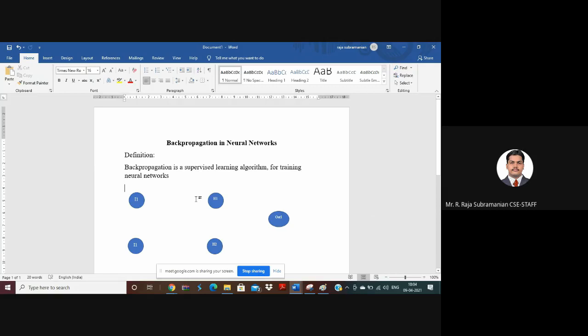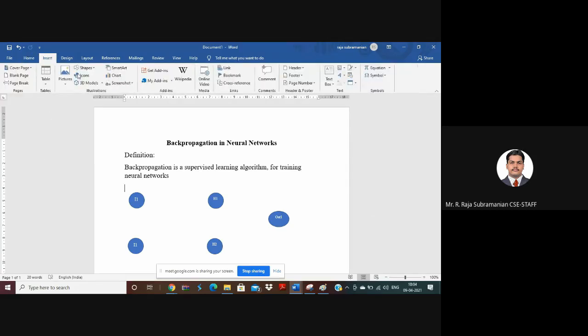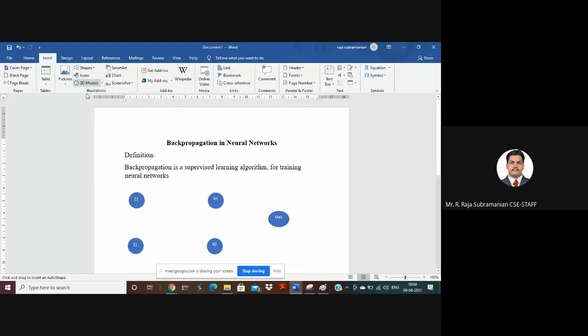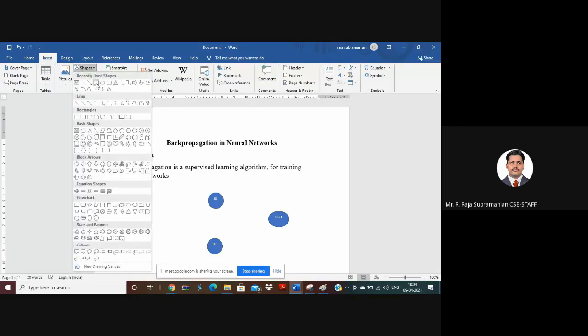Now there can be any number of interconnections here. Those interconnections are actually trained by the model only. It's not the developer who trains it. It is trained by the model directly. Starting from the input layer to the output layer, it will be flowing out.